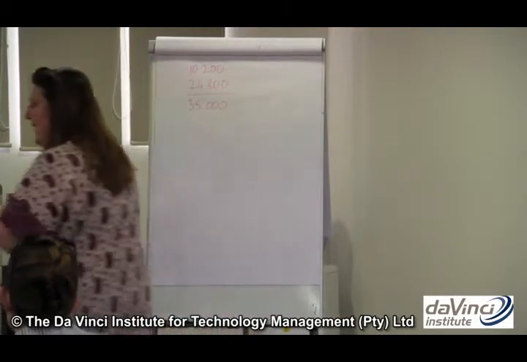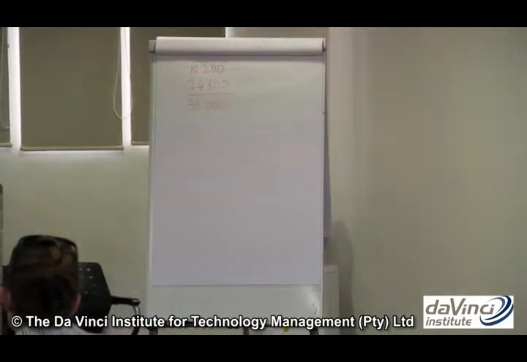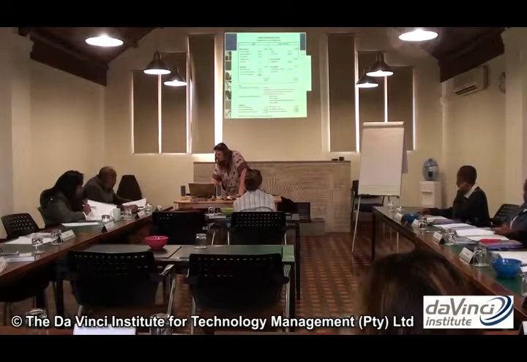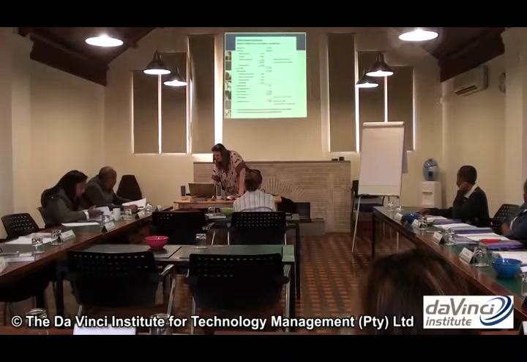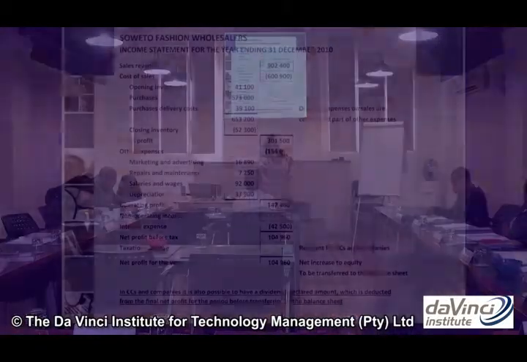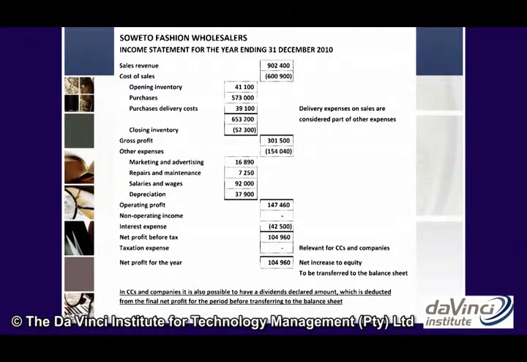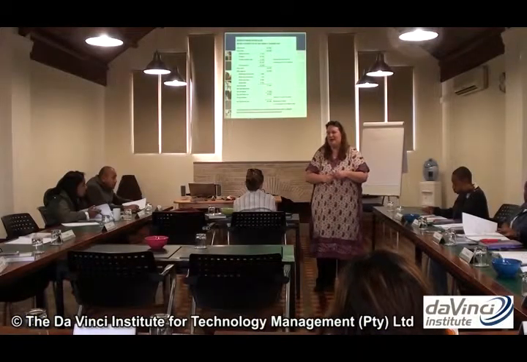Okay. If you go back to the depreciation cost for the year, what is the depreciation cost? 7,900. So the depreciation cost is higher than the accumulated depreciation. Is that possible? No. All right.